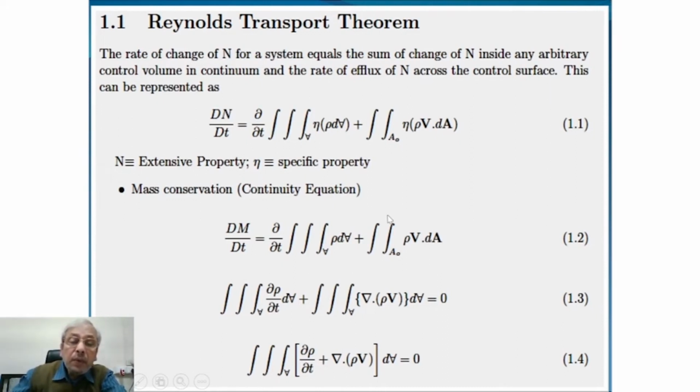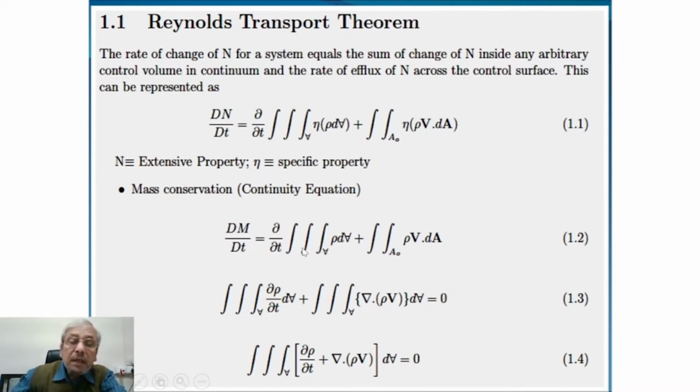Now we can write straight away, for a system, mass cannot be created, neither can it be annihilated. So dm/dt we transfer to right hand side, writing 0.